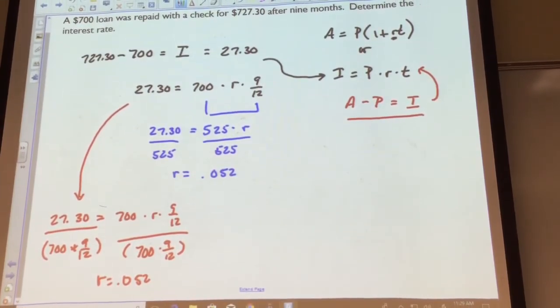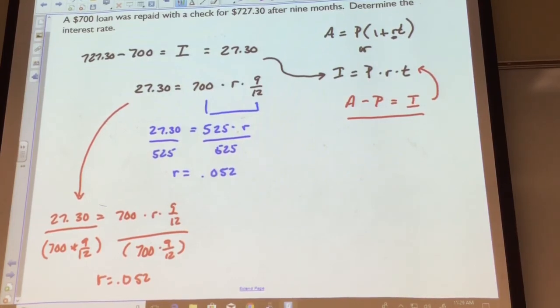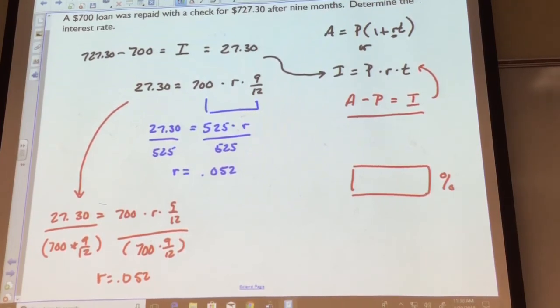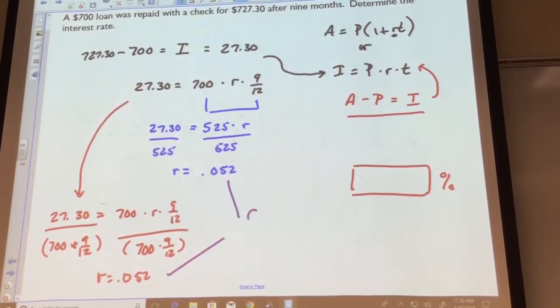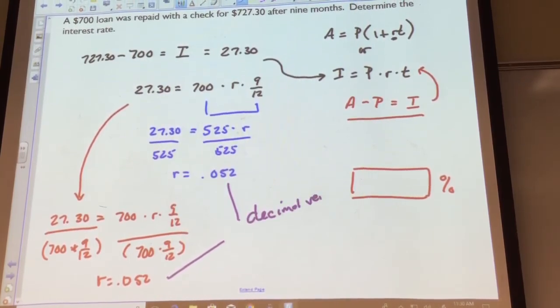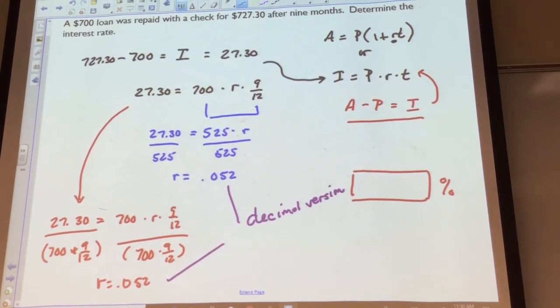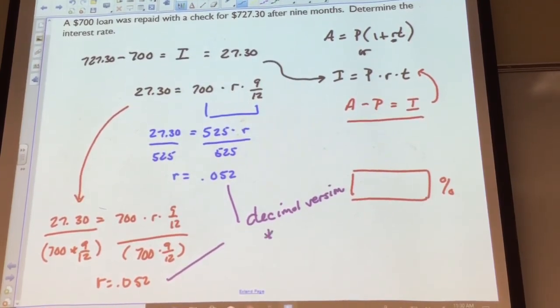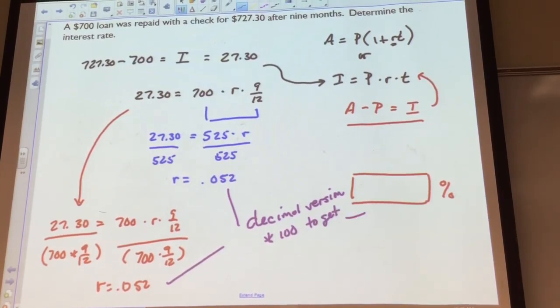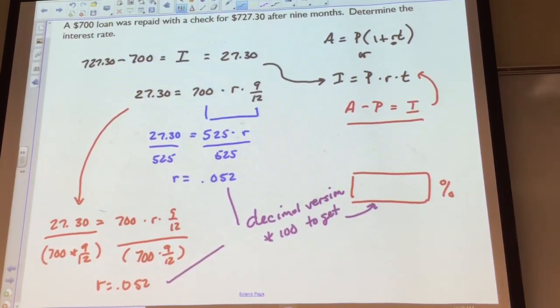Any problems with that? One major problem. They asked you for the percent, but you don't have the percent yet. What you have at this particular point is the decimal version. And the decimal version has to be multiplied by 100 in order to get the percent version.